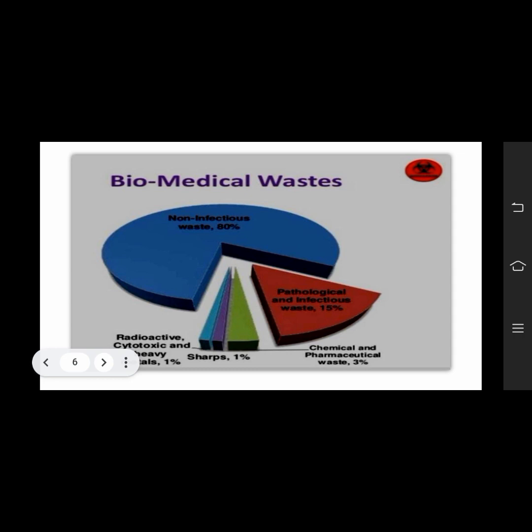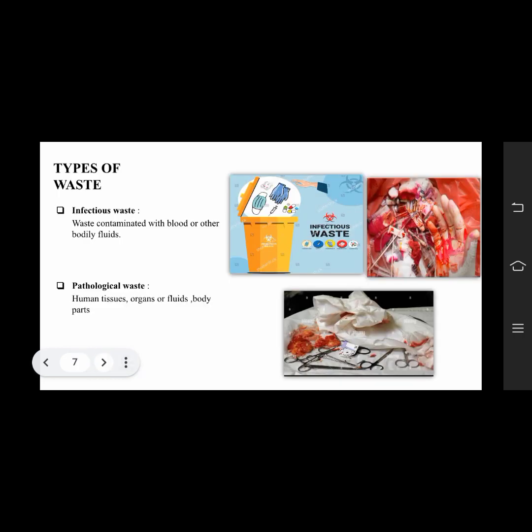Now coming to our next slide, which talks about the types of waste. Before, we talked about the distribution: how much infectious waste there is, how much pathological waste there is, how much non-infectious waste there is. So here we're going to talk about each type of waste and what these wastes are.